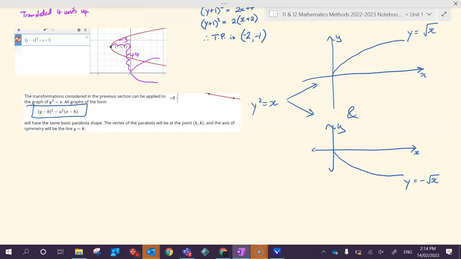If I add a number at the end, it moves it up. If I add a number just to x, it moves it left or right. If I multiply by a number, it's going to dilate it vertically. If I multiply just x by a number, it's going to compress it horizontally. All those transformations are going to be the same. The reason we need to think about it like this is so that it still obeys all of my function rules, which is what we want.